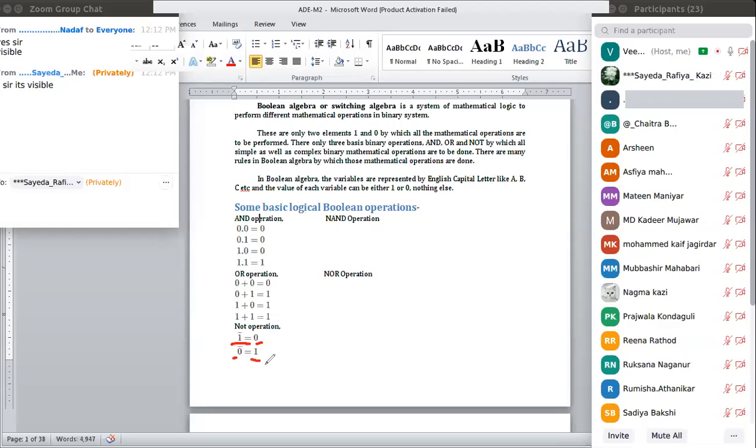Okay, again there are only two logics, 1 and 0. If the input is 1, the output will be opposite to that, that is 0. If the input is 0, the output will be 1, right? And we also know the logic symbol of the AND gate, how it looks like this.